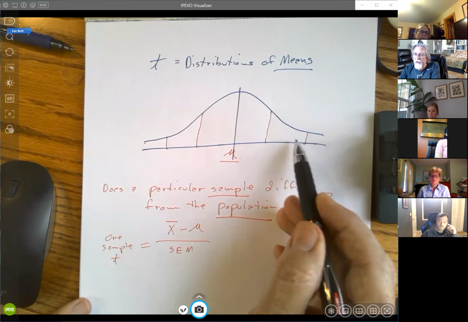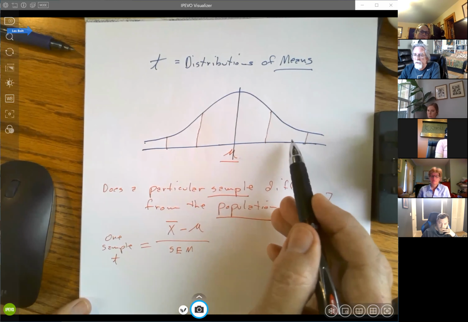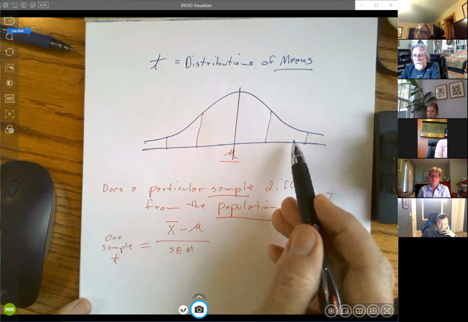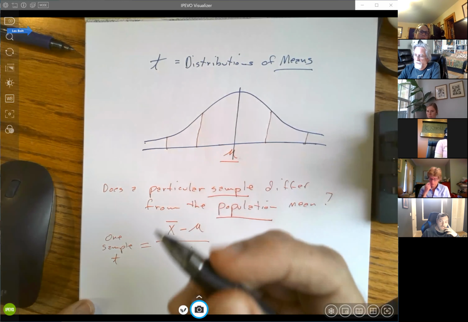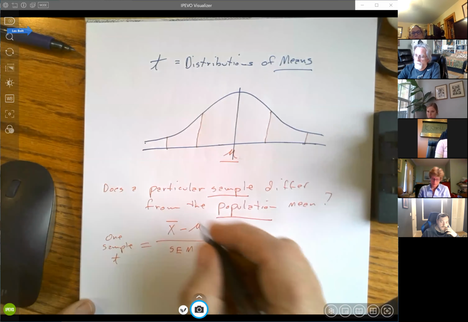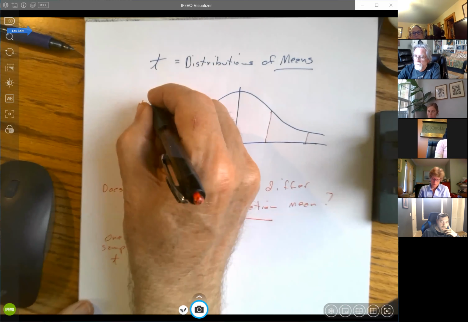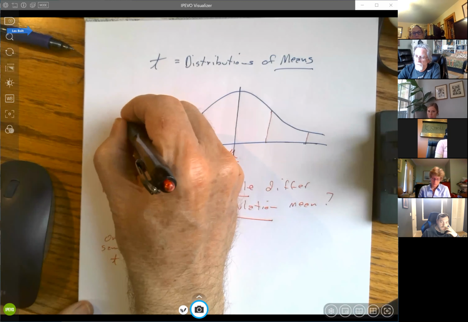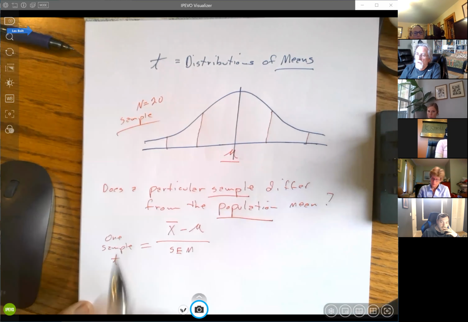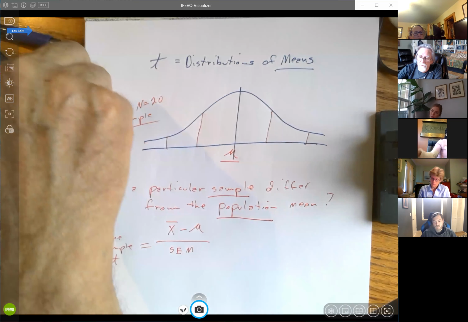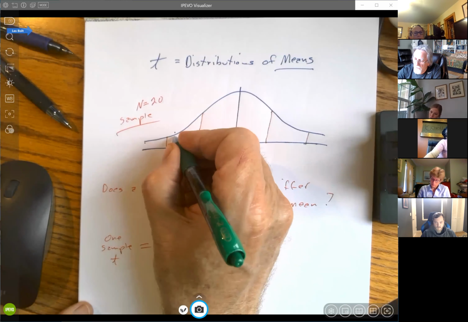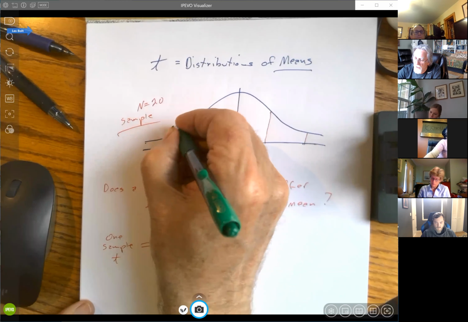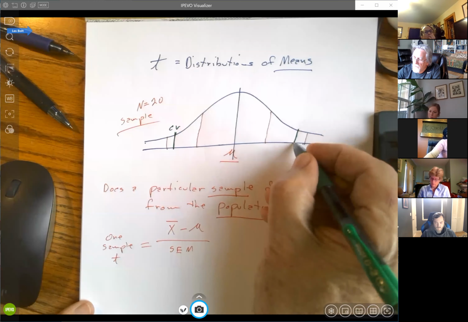These differences are not exactly on 2 standard errors of measurement, depending upon sample size. So let's say for a particular sample size, let's say n is equal to 20. Let's say the critical values for that sample size are right here. That's a critical value, and right here, that's a critical value.